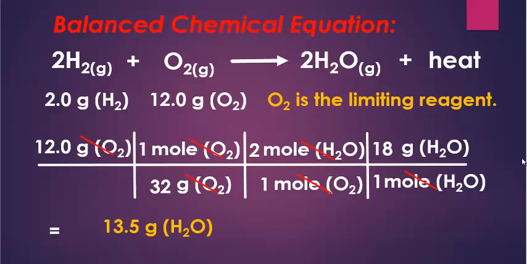The calculated value for theoretical yield for this particular reaction is 13.5 grams, which means with 12.0 grams of oxygen gas, the limiting reagent, the maximum amount of water that can be produced is 13.5 grams.